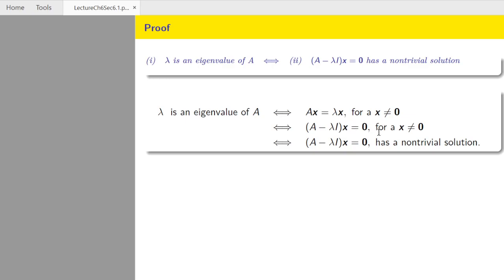Here again, x is a non-zero vector, and this just means the system has a non-trivial solution. Because if we look at the second system here, if we pick x equals 0, for sure that's a solution. That solution is called the trivial solution. But if the system has a non-zero solution, then that solution is called a non-trivial solution.